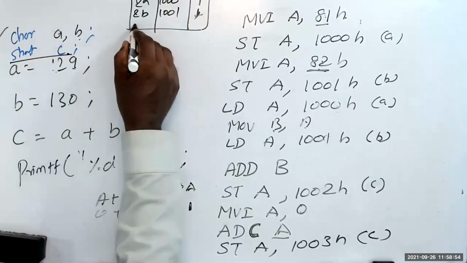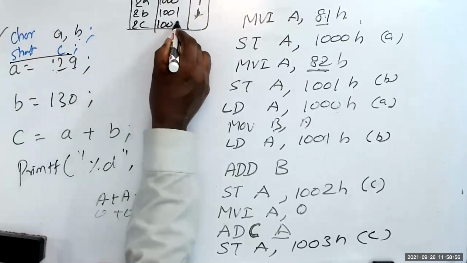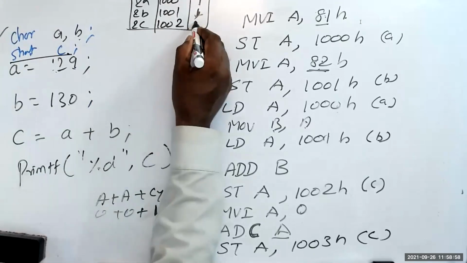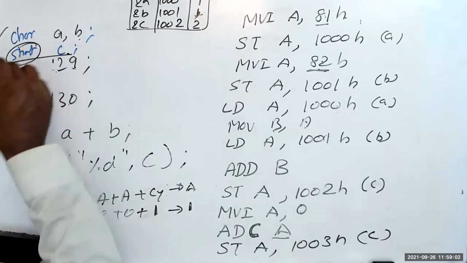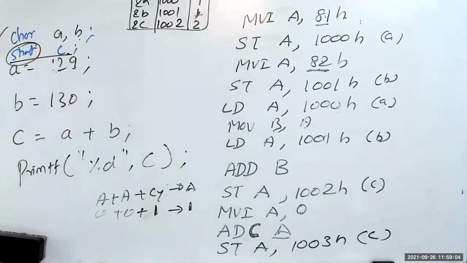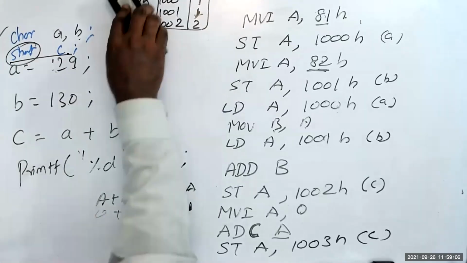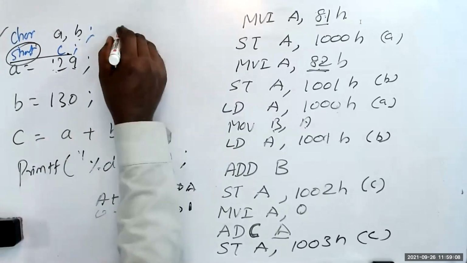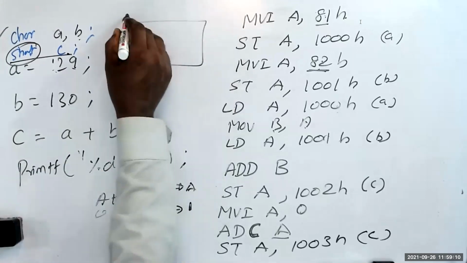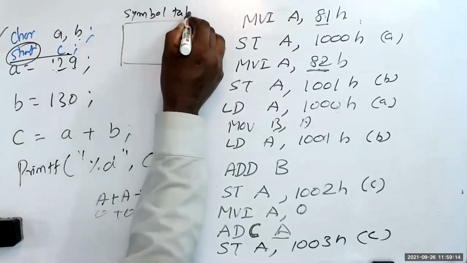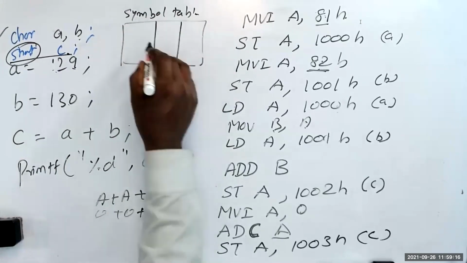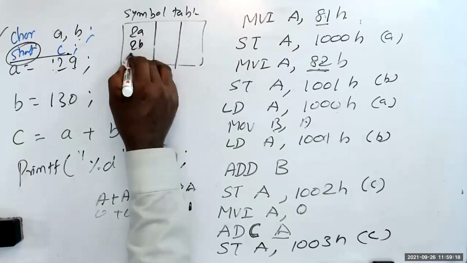But C, you put at 1002, and you set how many bytes? 2 bytes, because you allocated short. Am I right? This table has to be understood. This is called the symbol table. And A and B and C.